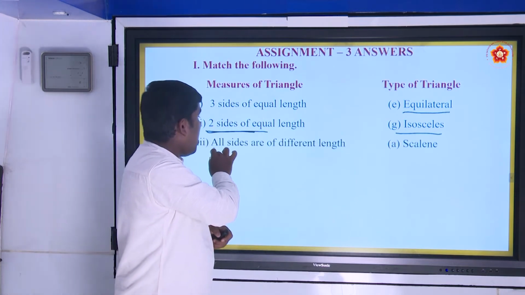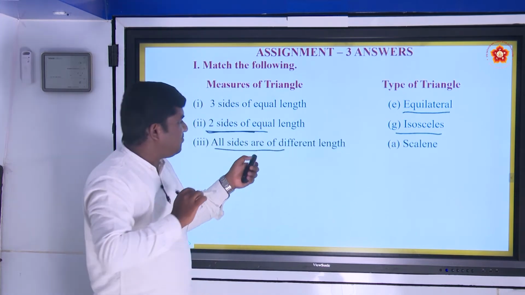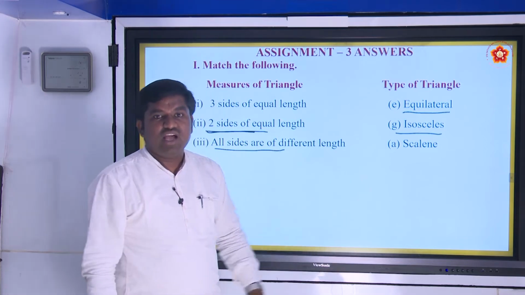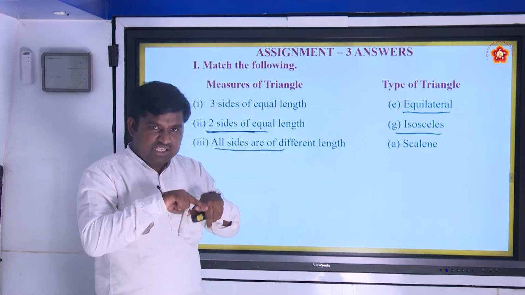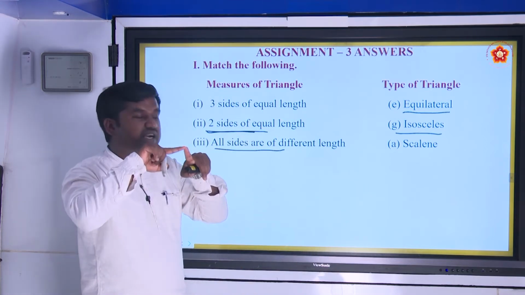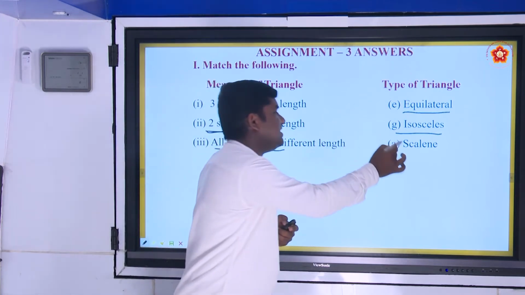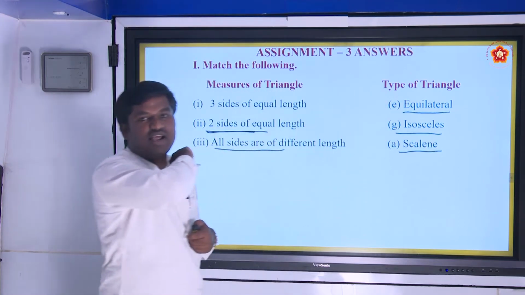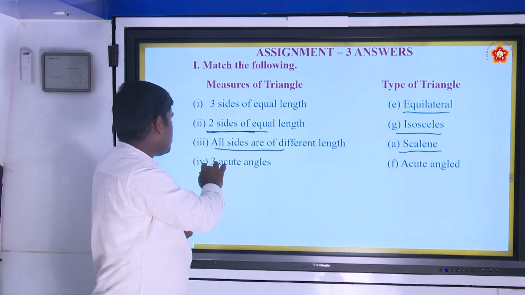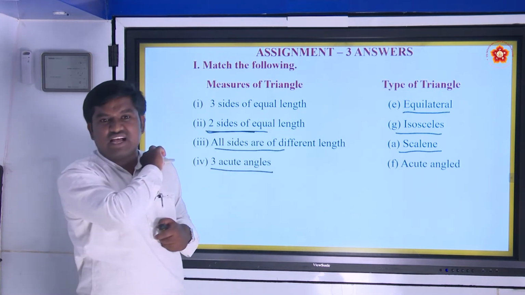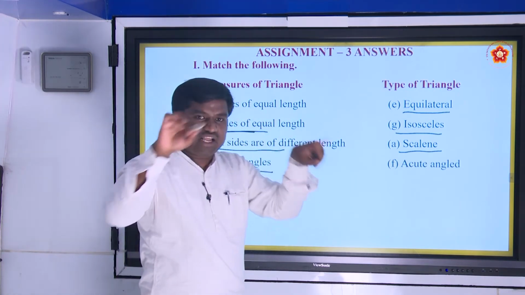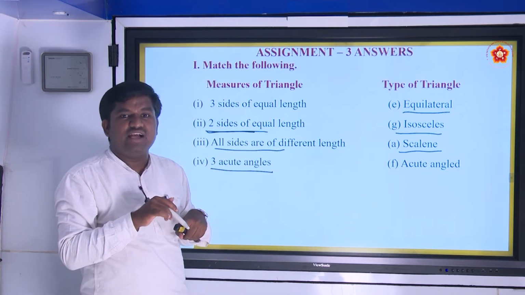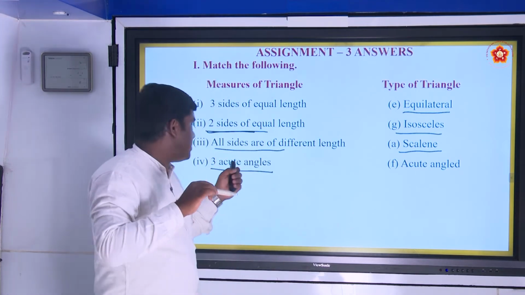Next, third one, all sides are of different length. Among all three sides, all are different lengths. So that type of triangle is called a scalene triangle. Next, fourth one, three acute angles. In a triangle, out of three angles, all are acute angles.